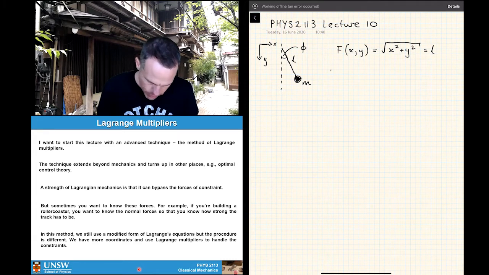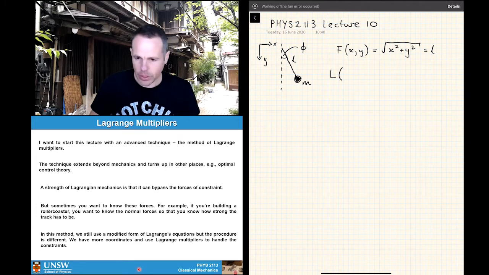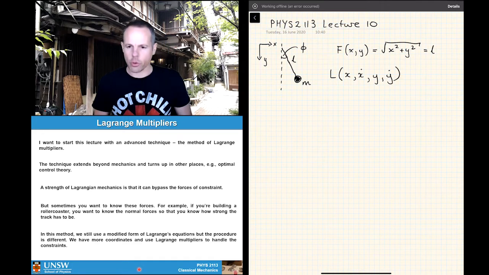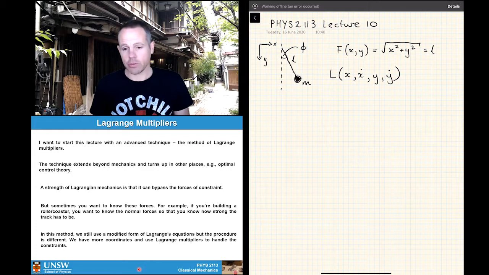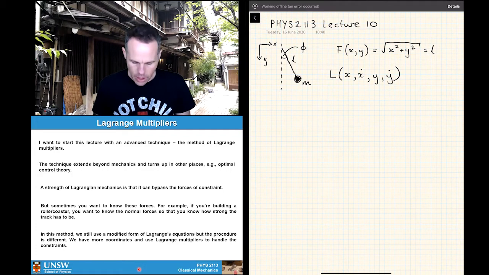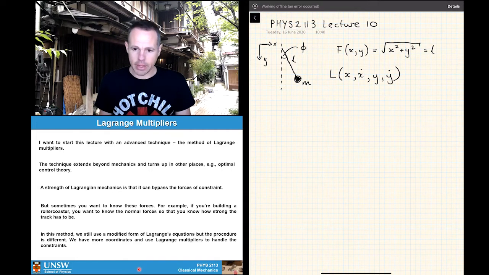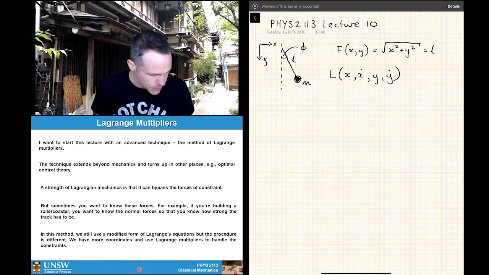That means we're going to have a Lagrangian, and we can work out what that is later on. It's going to be a function of x, x dot, y, and y dot, so four different parameters. It could be a function of t as well, but in this particular case it's not. There are no time-dependent terms in either the kinetic energy or the potential energy.